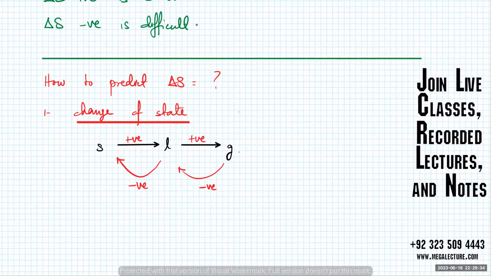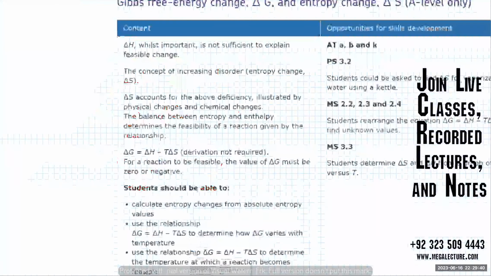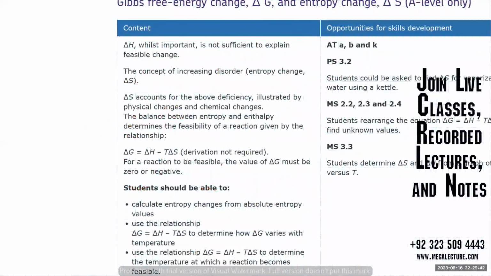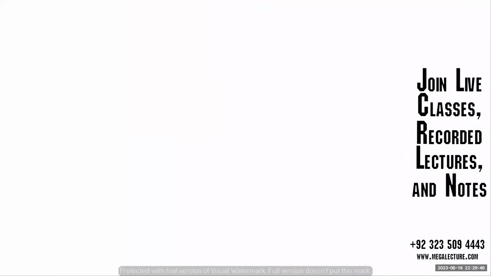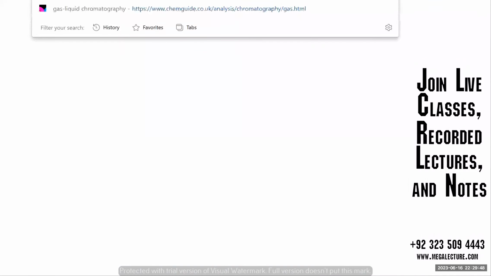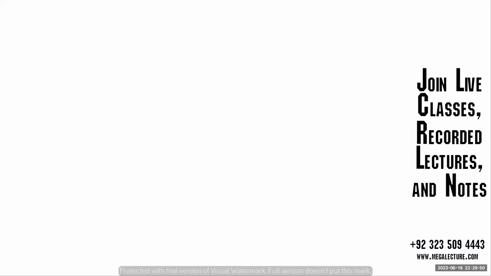I'll show you the change of states. Let's click image just a second. Now tell me one thing. When something changes from solid to liquid, there's a gain of disorder, right?